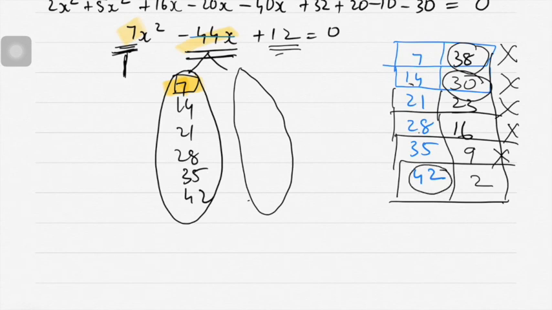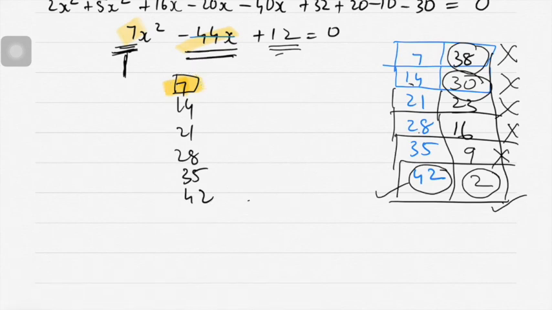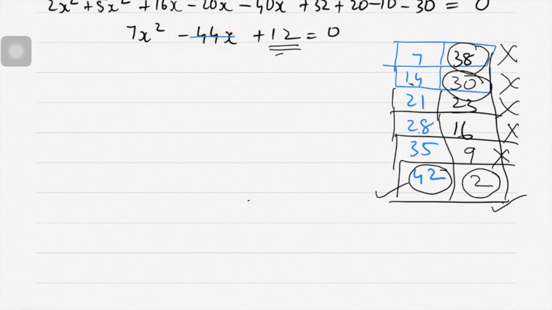When you take 42 and 2, 42 is a multiple of 7 and 2 is a factor of 12. So this is the only option which can be taken.